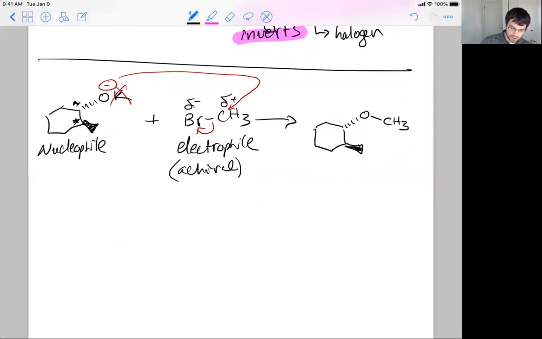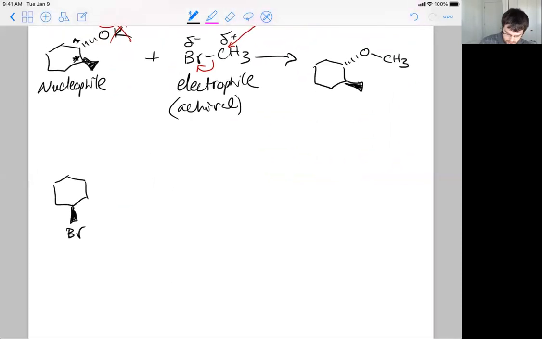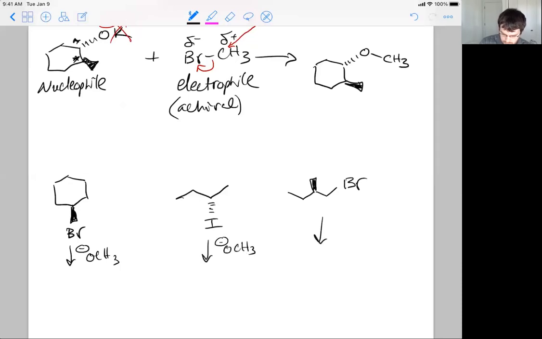Okay, so let's do a few more examples. Let's react this with, and I'm just going to draw the nucleophile. Let's keep the nucleophile the same in every case. So we're going to use OCH3 minus as the nucleophile in every case.